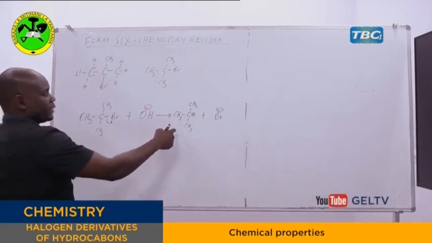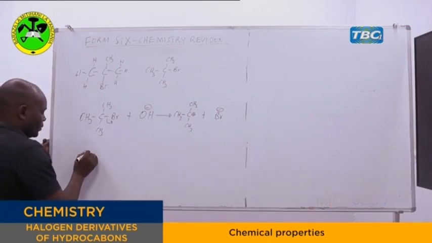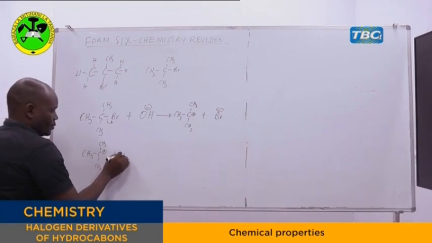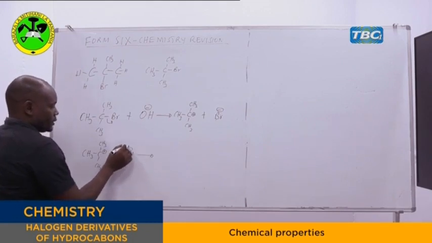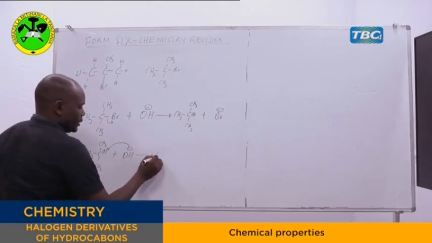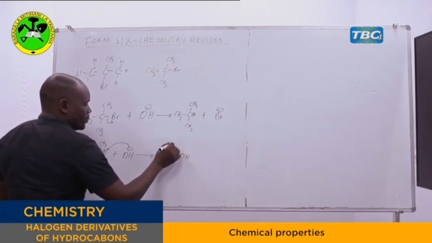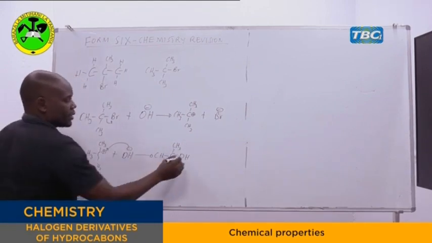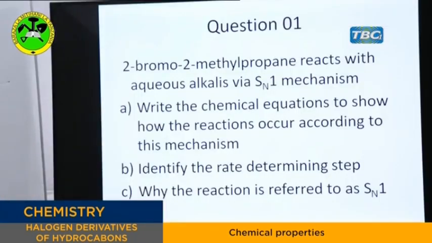In the second step, the nucleophile will attack the positively charged carbon, ending up with the product, which is the alcohol. So this is the mechanism that we have been asked to write as equations.